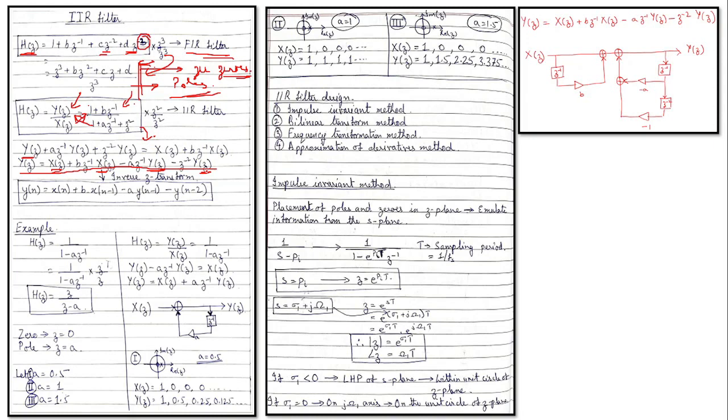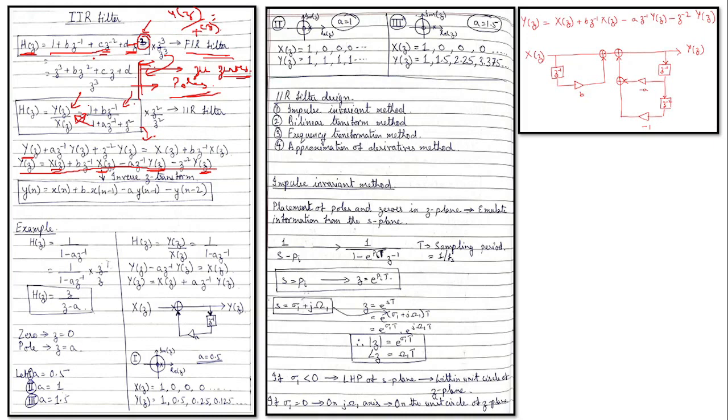In the FIR filter, if you put H(z) equals Y(z) by X(z), Y(z) would be equal to this equation, because the denominator over here is 1. So we would have directly got the output.